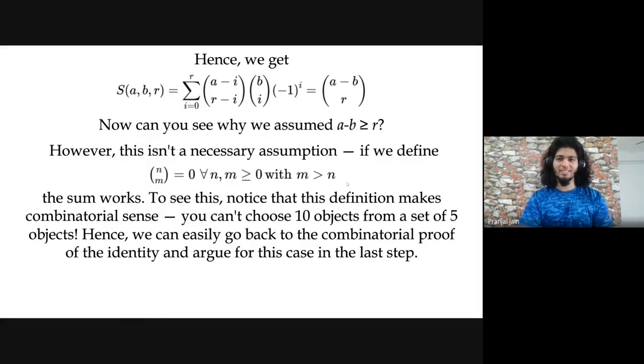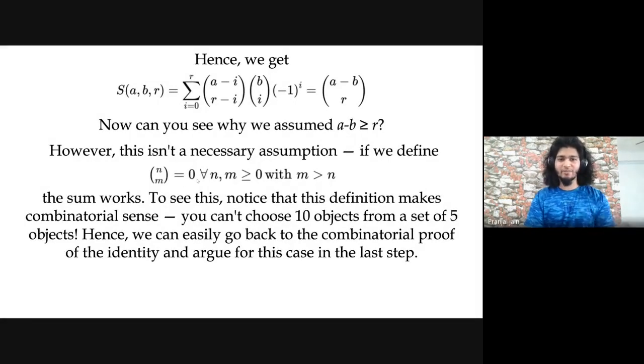The way you see that is by noticing that this definition makes combinatorial sense, because if I have 5 objects in a set and I want to pick 10 from that set, how many ways are there? 0 ways. So if the lower index is greater than the upper index, then you're choosing, let's say, 10 objects from a set of 5 objects, which of course there are no ways to do. So this must be 0.